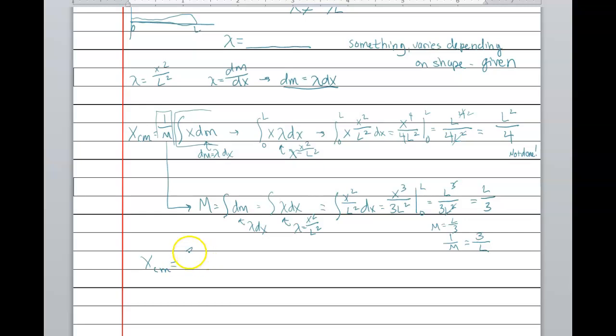So 1 over m, well, we just said that's 3 over L. Integral of x dm, well, we said that is L squared over 4. I can do that math. One of those L's cancels out. 3/4 L. So going up to our picture, it's like 3/4 of the way down, which makes sense.